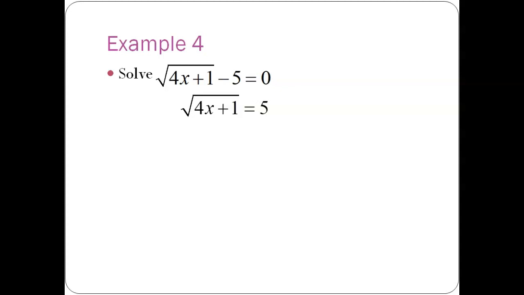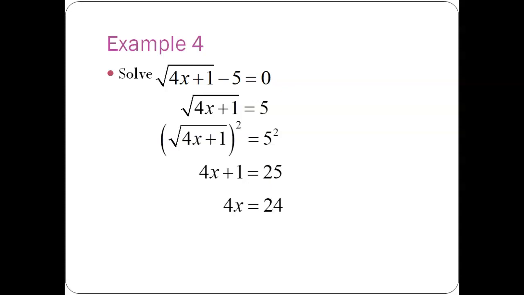Then we can square both sides, and that's going to give us 4x plus 1 on the left and 25 on the right. And now we can solve for x. So we'll go ahead and subtract 1 from both sides, and then divide both sides by 4, and that's going to give me x equals 6.